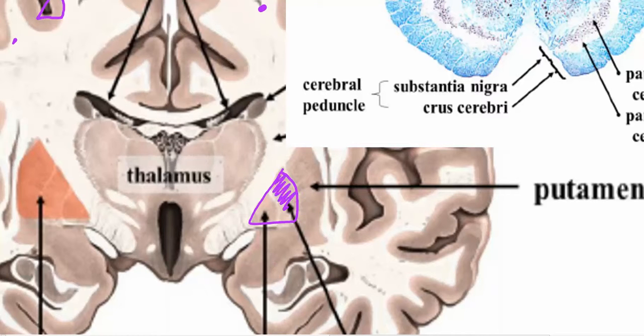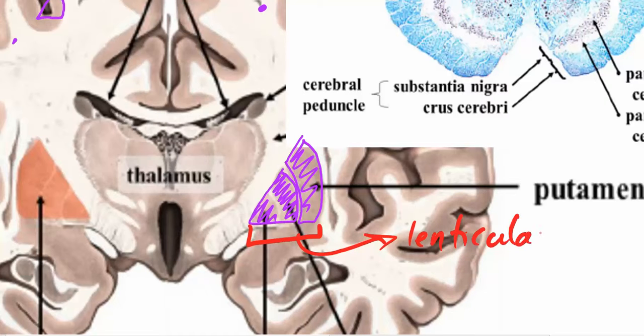This right here is the externa, and this right here is the interna, and this is our putamen. Both of these together are our lenticular nucleus, but both of these together were our striatum. Does that make sense? Could you see that from there?